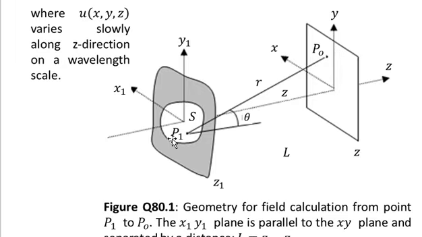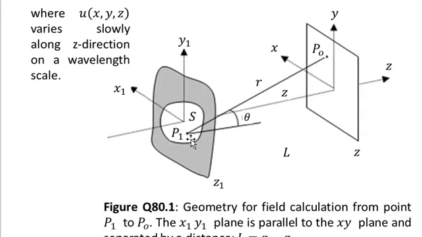P1 is a general point on the input plane. Capital S is the surface area of the plane that we are considering, and P0 is the point of observation on a plane parallel to the input plane. Both planes are infinite in extent, that is, nothing limits the dimensions of these planes.